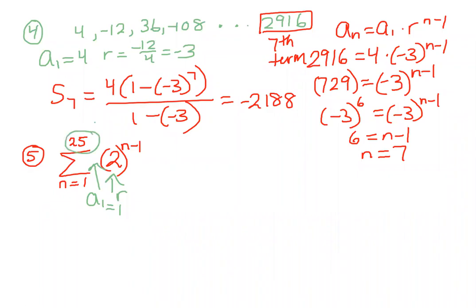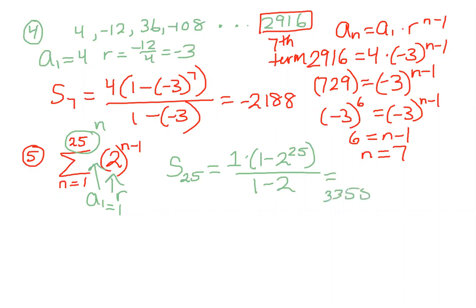And this is n. So we can just say S25 equals A1 times 1 minus R to the nth power over 1 minus R. And this again is a really big number. Geometrics are usually really big.